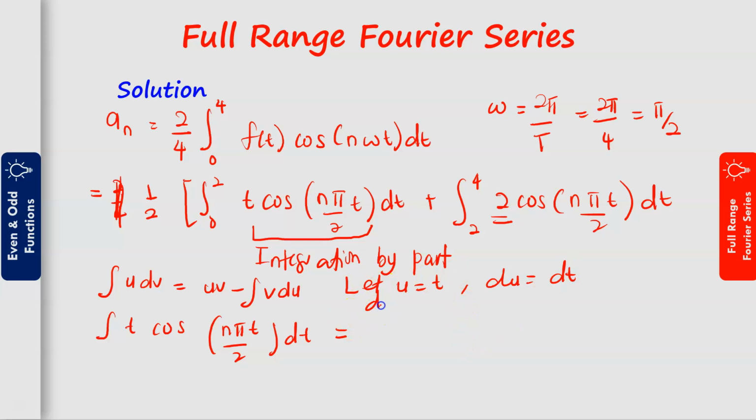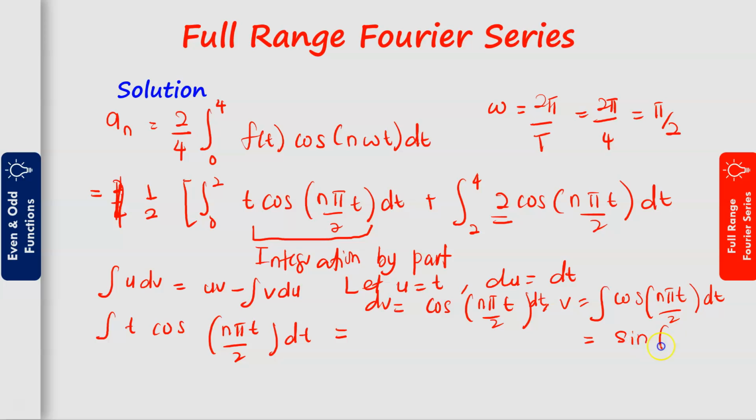And then dv equal to cos n pi t over 2 dt, which means that to find v, I need to integrate cos n pi t over 2 dt. By integrating this, we get sine n pi t over 2, and then we have to differentiate inside, which means that we divide by n pi over 2.